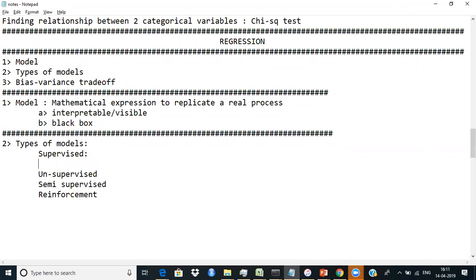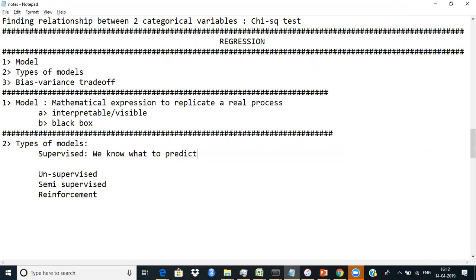So first, let's start with supervised. When do we open this supervised drawer? We open it when we know what to predict. When we know what to predict, we use this supervised set of techniques. For example, let's say I want to predict whether a person is going to default or not.